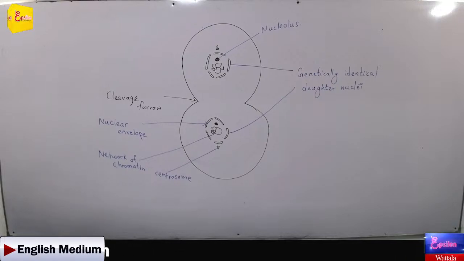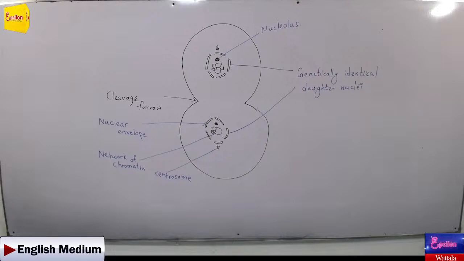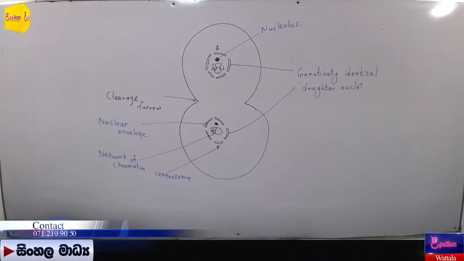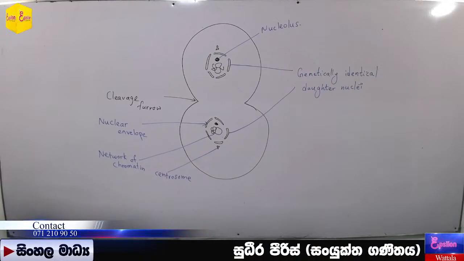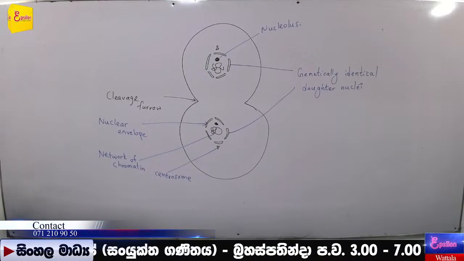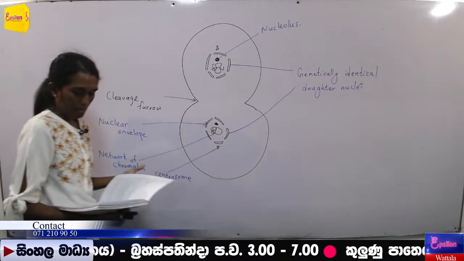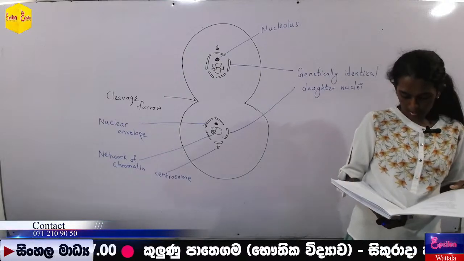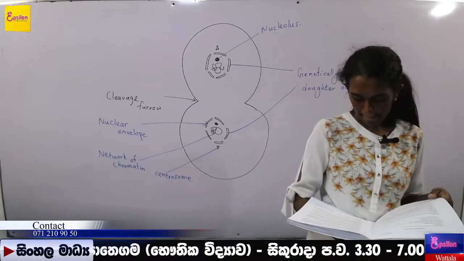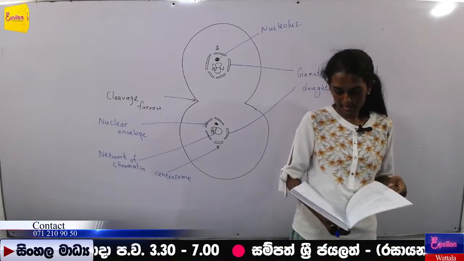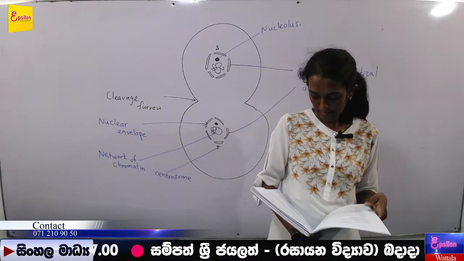Right there. What are the events happening here? Anaphase, telophase. Nuclear envelope reforms around each set of chromosomes at opposite poles.